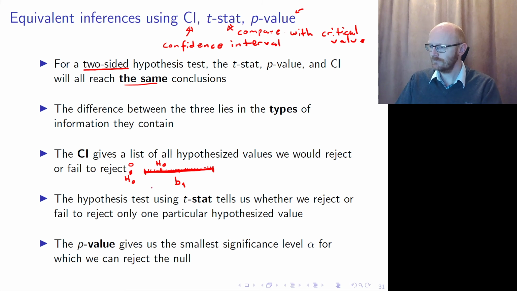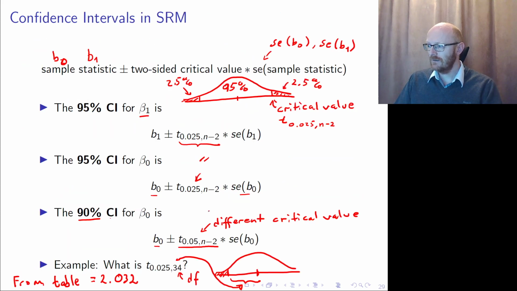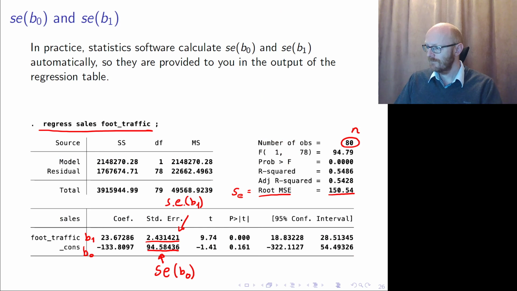Okay. Or if you use the t-stat, it tells you whether you reject or fail to reject only one particular hypothesized value. Okay, and this is often H0 equals 0.